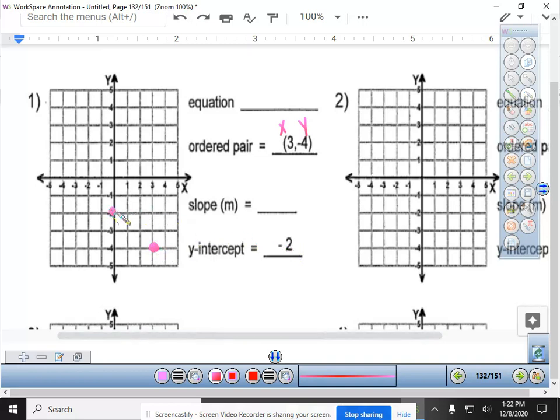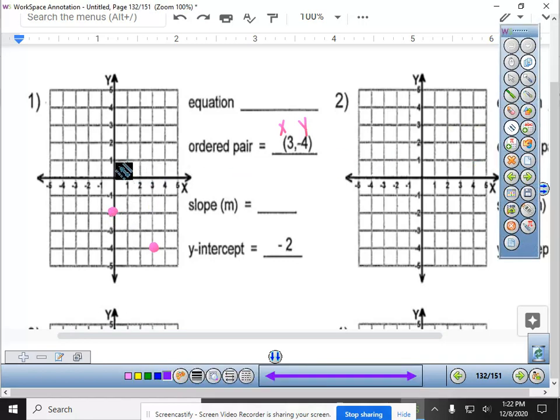-2. So now, take your handy dandy ruler, graph the line. I'm trying to make it straight. And then we're going to write, what's the slope? 1, 2, 1, 2, 3.